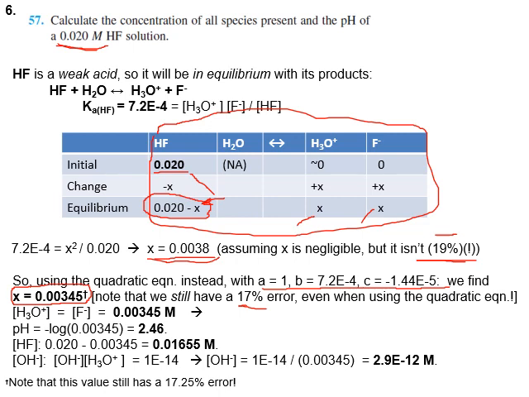Then we'll multiply this number by itself, because it's going to be x squared over 0.02 minus x. So multiply this number by itself and then divide it by whatever you get when you subtract, which is going to be 0.01655.